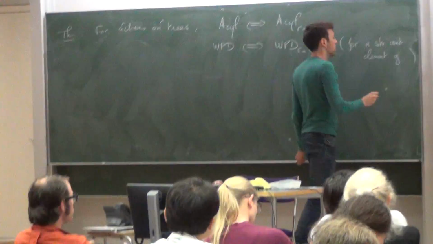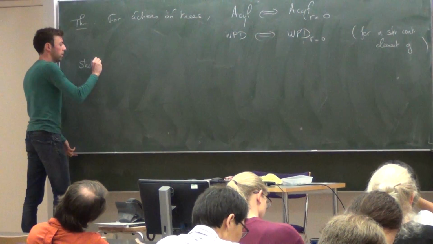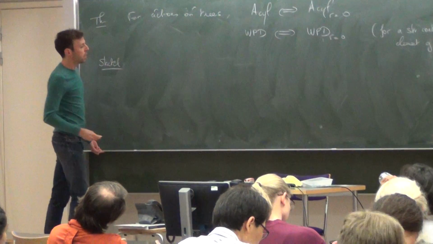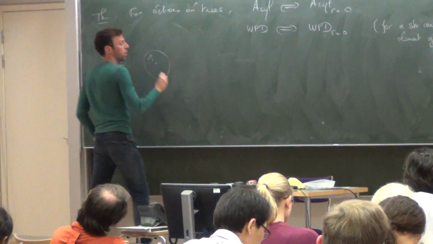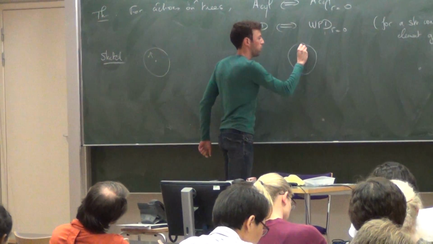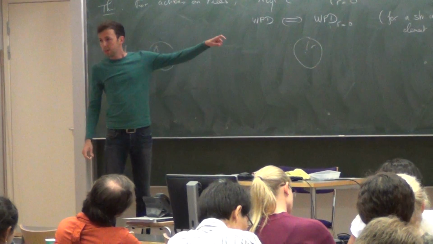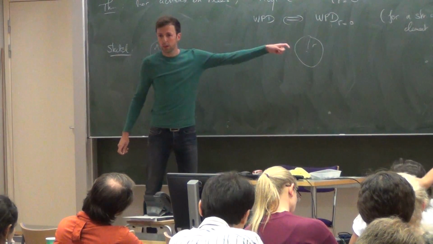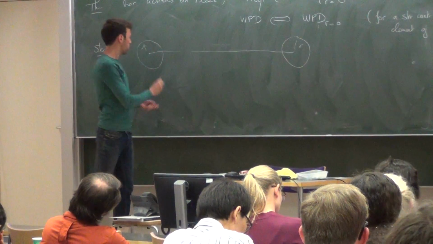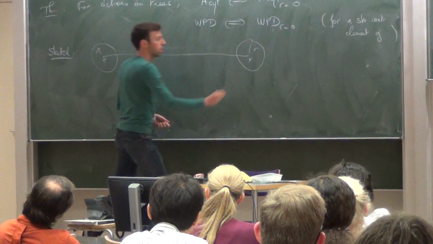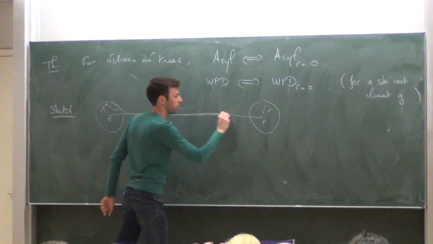Why is that? The proof is very simple. It's because the geodesics in the tree are very constrained. So remember, two balls are here. If your r-balls are sufficiently far apart, then any geodesic from here to here is going to have a lot in common with the geodesic from x to y. So it's going to be something like this.